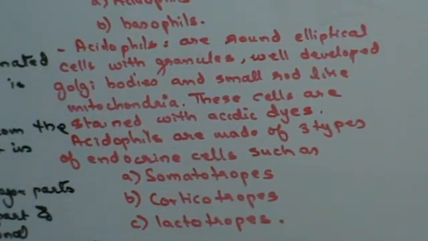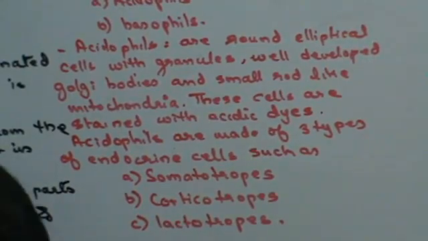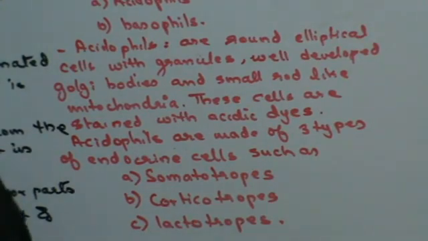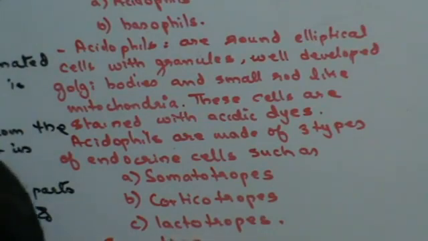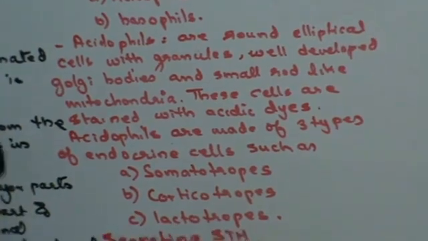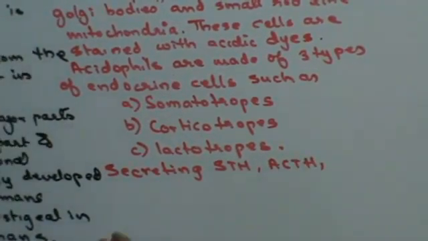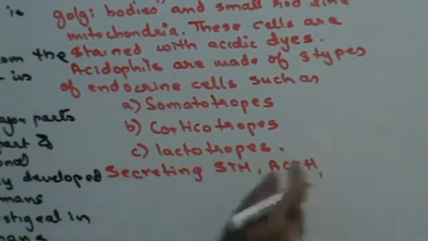So acidophil cells are made up of three types of cells: the somatotropes, the corticotropes, and the lactotropes, secreting STH, ACTH, we'll see about these hormones a little later, and prolactin respectively.